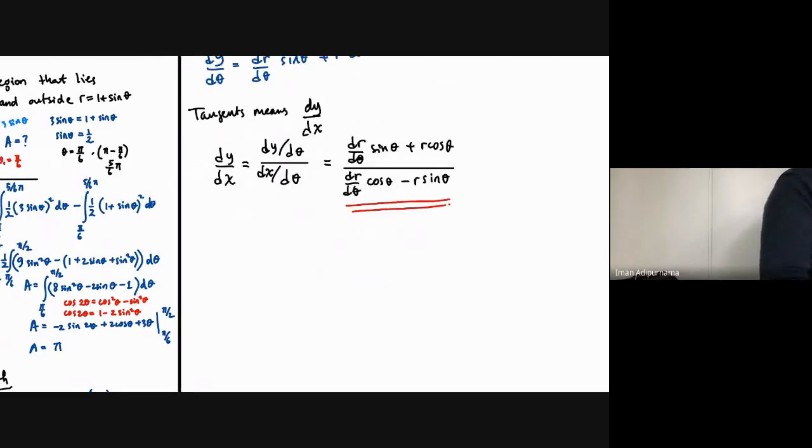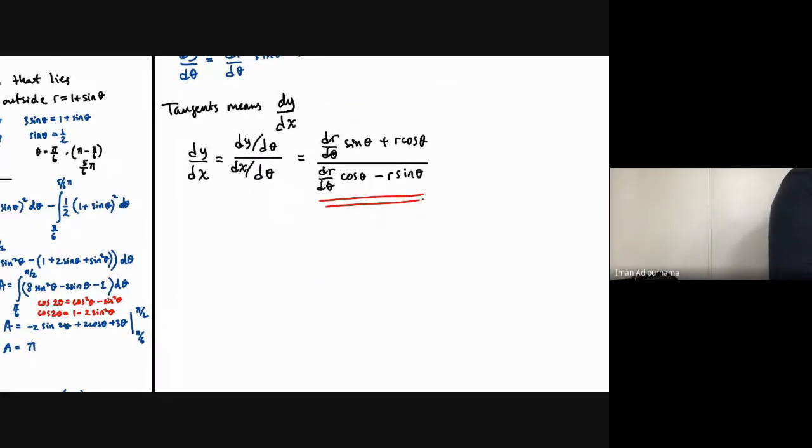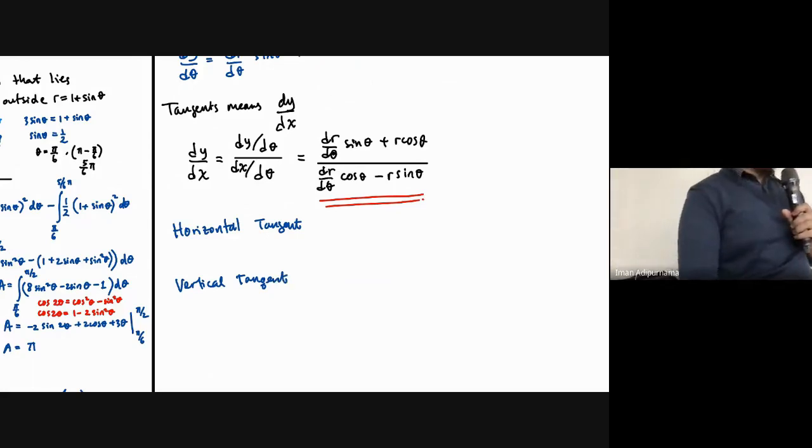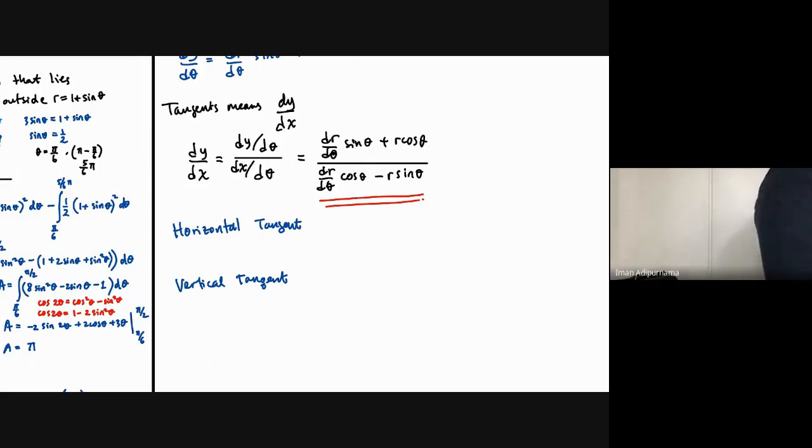Some important notes for the tangent will be horizontal tangent and vertical tangent. So horizontal tangent means if you have this kind of curve, then this tangent here is a horizontal tangent.